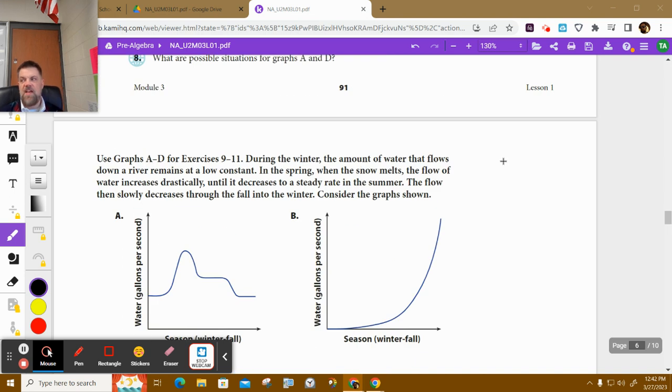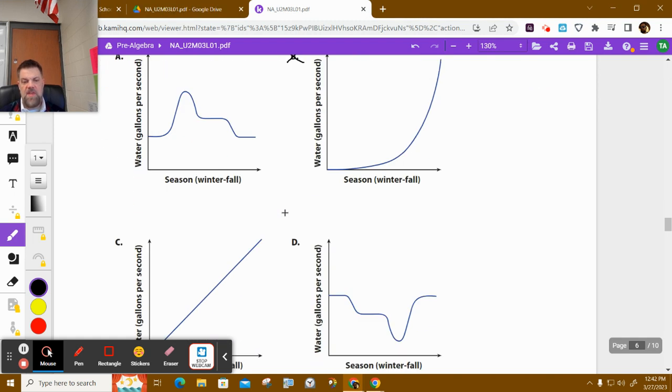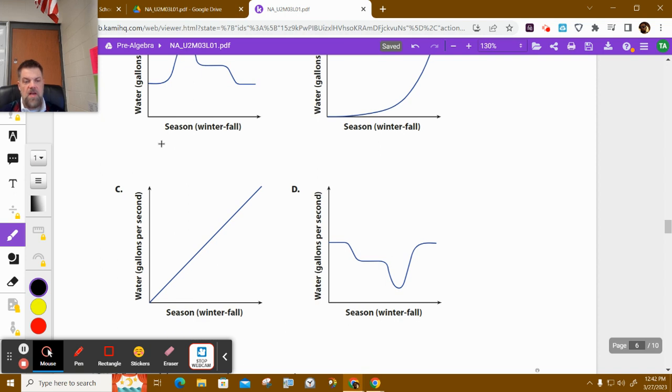Well, let's read it again and we'll double check. It's not B, because B is showing that the rate increases. It's a steady increase the whole time. So it's probably not B. It might be A. This one is a constant rate the whole time. Never changes. When you see a straight line, that's a constant rate of change.